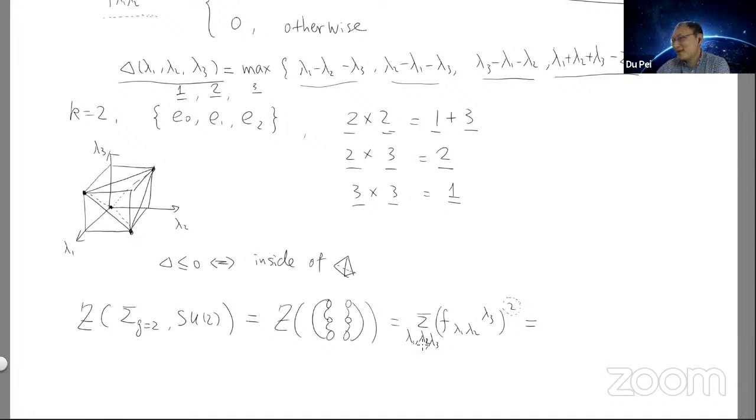And also because f is only non-zero inside or on the boundary of this tetrahedron, you are basically counting points inside the tetrahedron. And if you do this, you get something very simple.